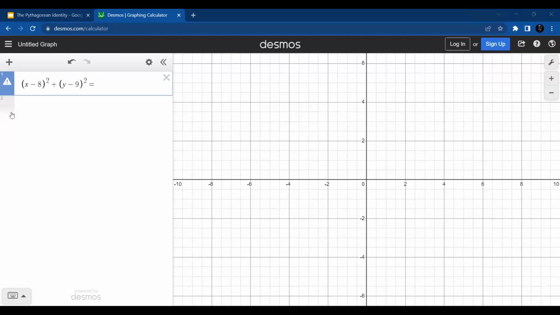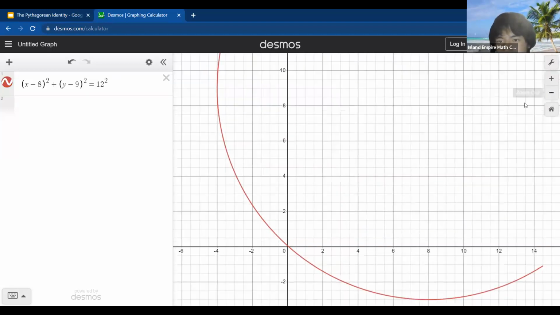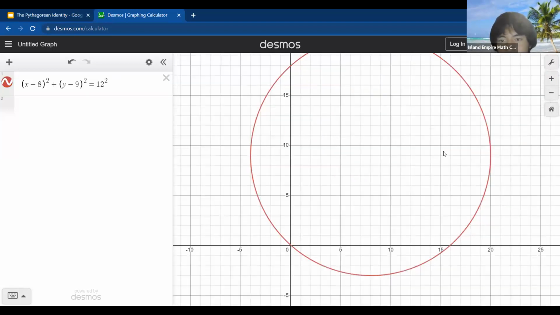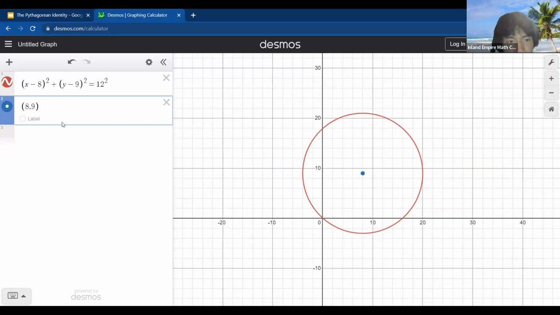12. Okay. So now witness the magic. Check this out. You see this circle here? You'll see that the center is exactly (8, 9).